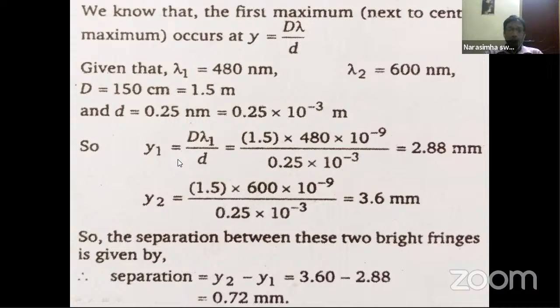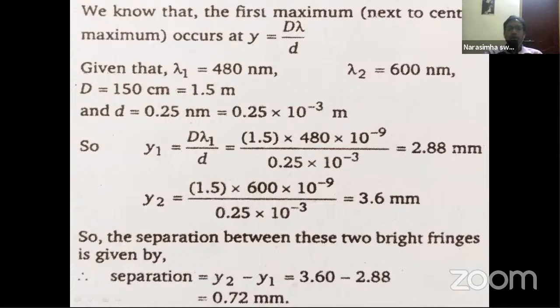What is being asked is the distance between them on the screen. The separation between these two bright fringes is y2 minus y1, and subtracting these two, we get 0.72 millimeters.